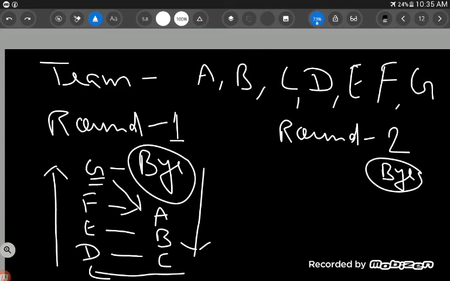Then we will write the teams according to the rotation of the clock.